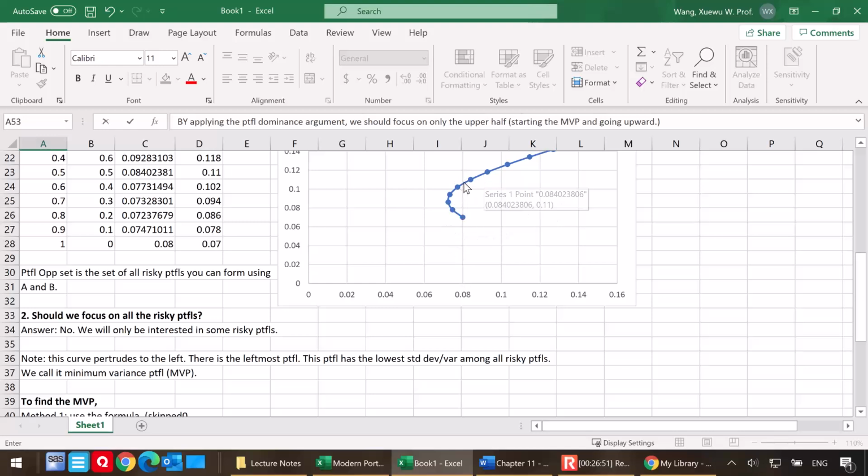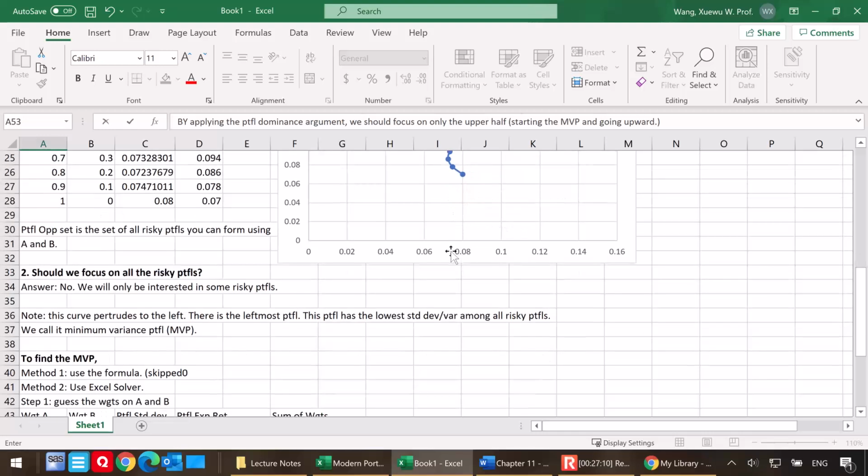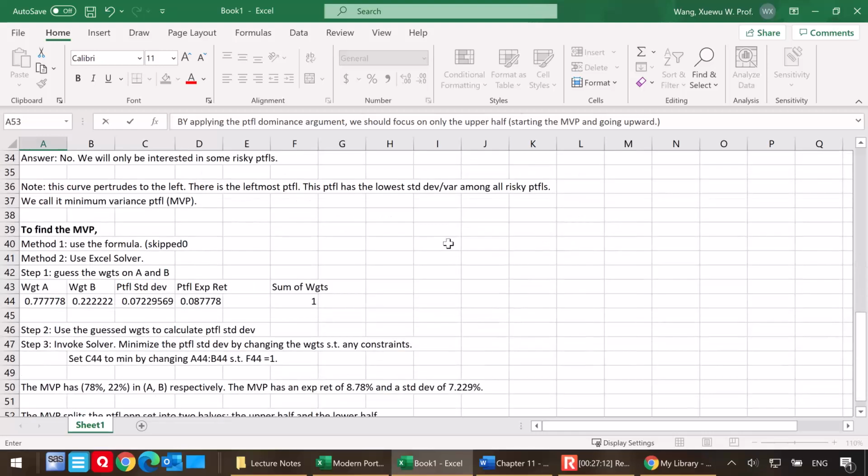Therefore I have identified another portfolio, and the other portfolio has the same standard deviation because it's a vertical line, but it has a higher expected return because it's higher than the portfolio you picked from the lower half. In other words, the portfolio I identified dominates the portfolio you picked from the lower half.